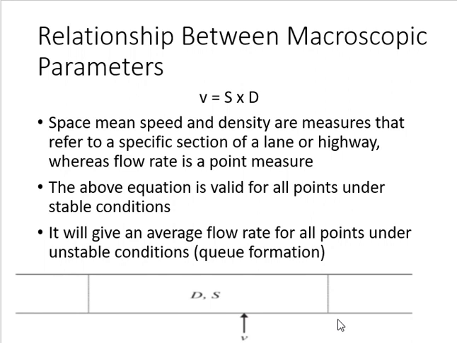If I put these 2 values in, I should get the same answer every time. So how do I make sure about it in the field? How do I make sure the flow doesn't change as well? You have to put a condition on the segment on which you will apply this equation. The condition is that the whole segment should have constant characteristics. The design of the section should not change, for example the number of lanes.